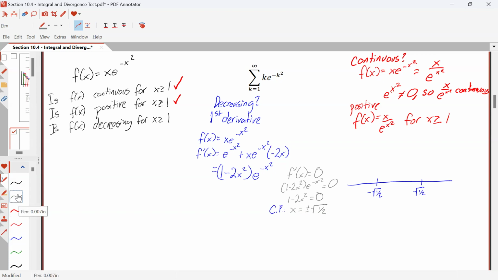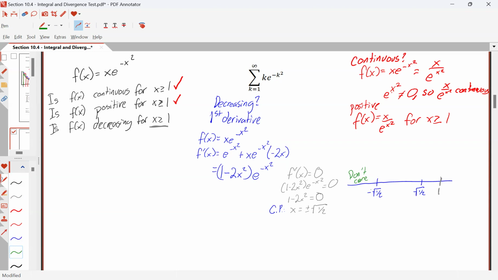What I want to note, though, is we only care about x greater than or equal to 1. And 1 is bigger than the square root of 1/2. What that tells us is when we're checking this first derivative, we don't care if our function is positive or negative, or increasing or decreasing, for any x less than negative square root 1/2.